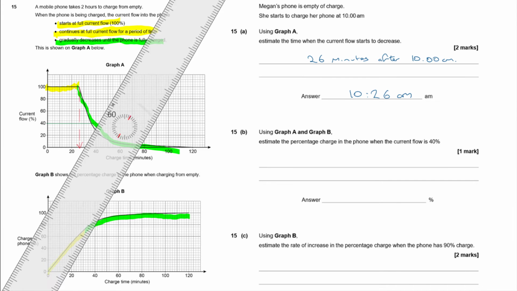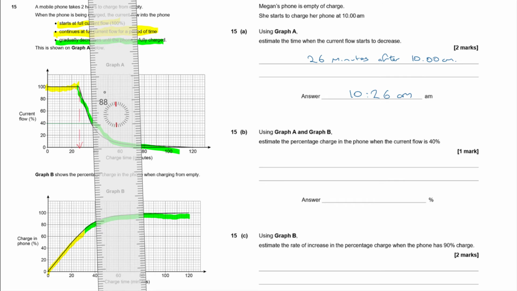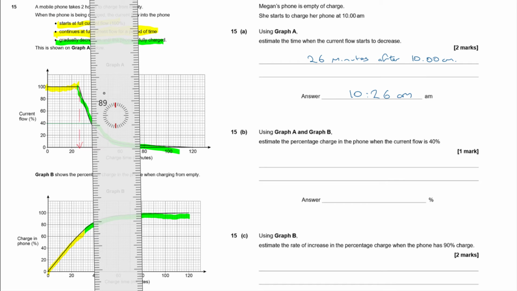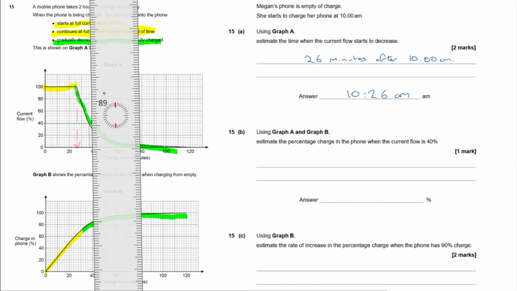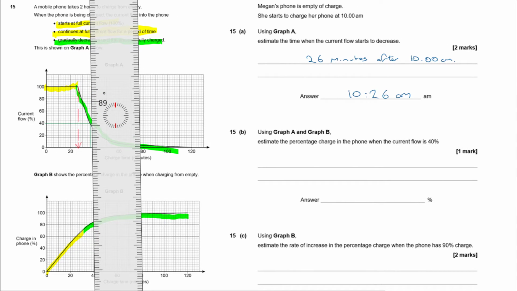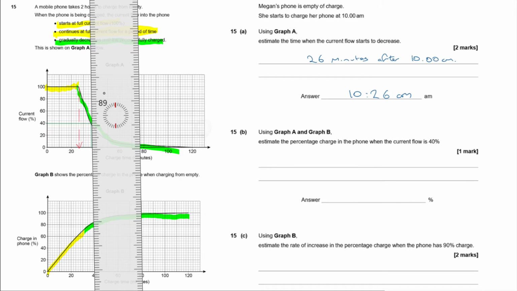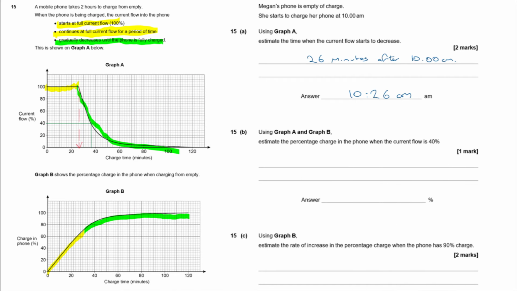And when I hit the curve, I'm going to start heading downwards. So what's that one then? That looks to me to be two little squares down from 40. So after how many minutes? That's 36 minutes.